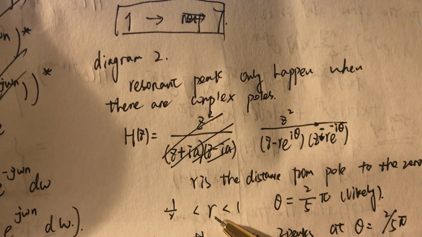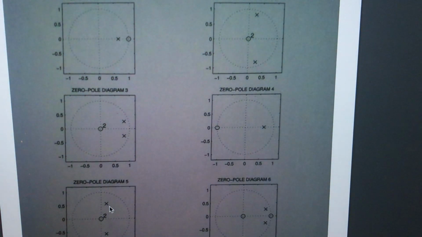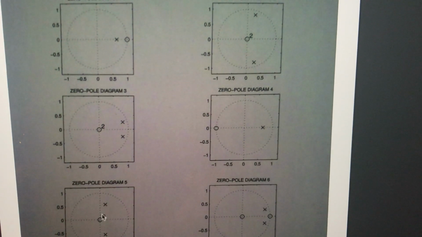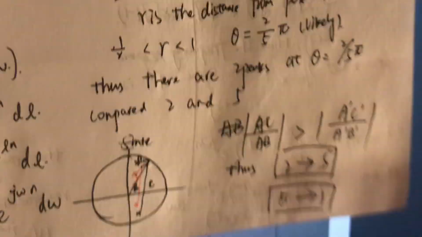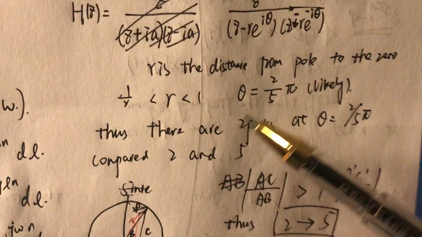So we could say that the distance is basically longer than 1/2 but less than 1. And the angle, which is the frequency, is a little bit less than pi/2. So we could find likely the frequency, which is 2 pi/5.